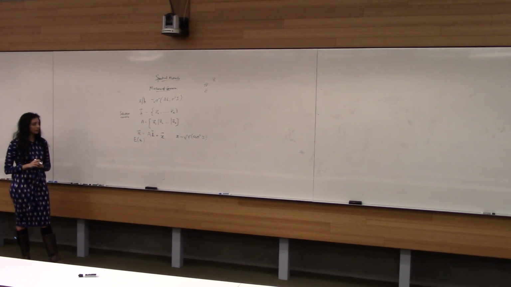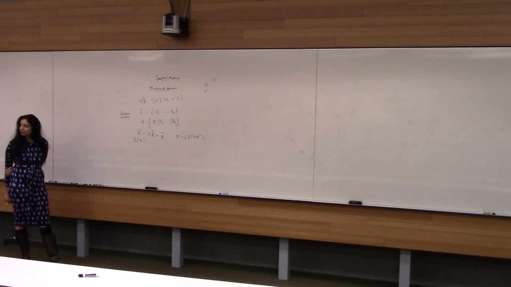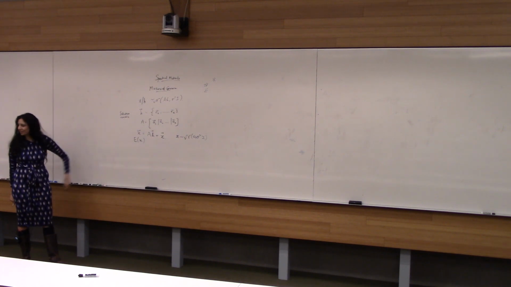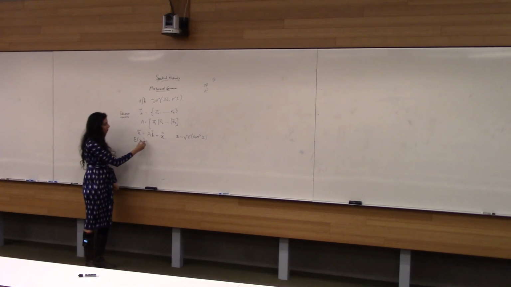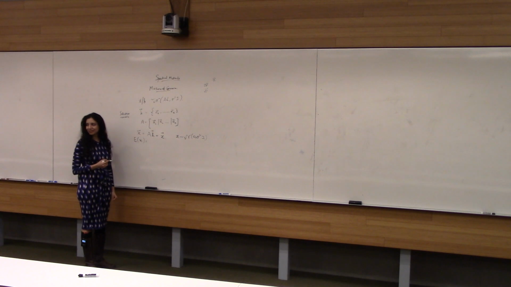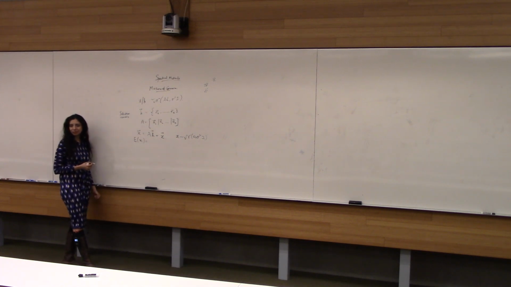It should be AH minus the mean, I guess. What is the expectation of the first term?